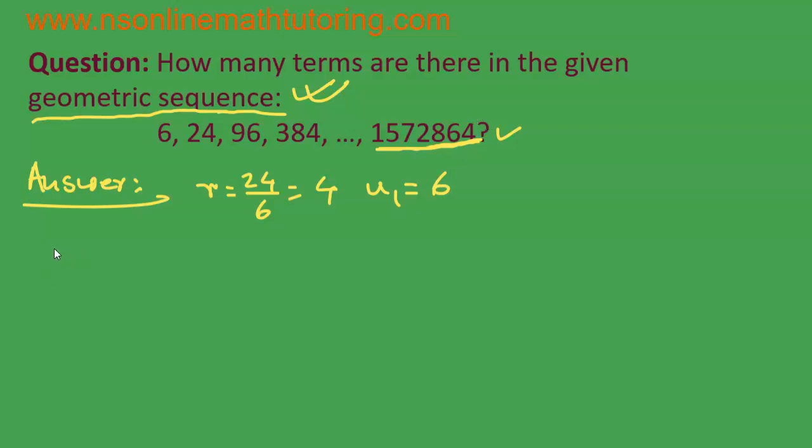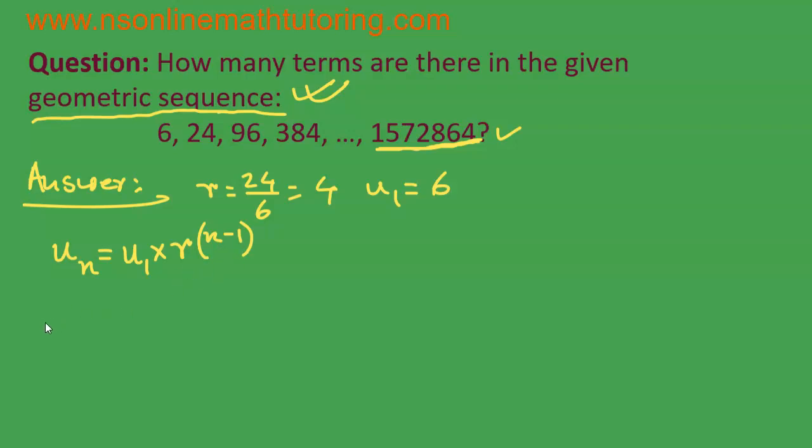So, we will be using the general formula for the nth term, that is un, of any geometric sequence or geometric progression. So, un is equal to u1 times r to the power of n minus 1. Un is the nth term, u1 is the first term, r is the common ratio, and n is the term number. Okay.